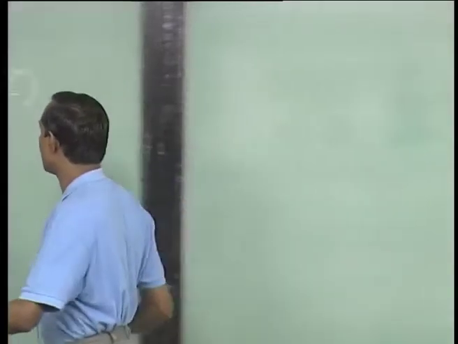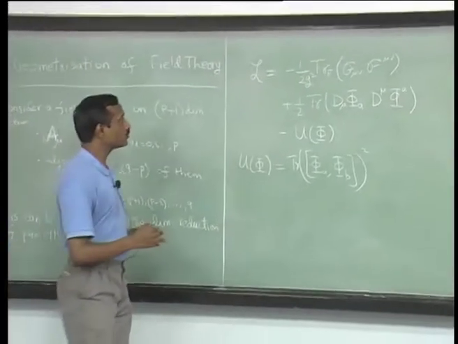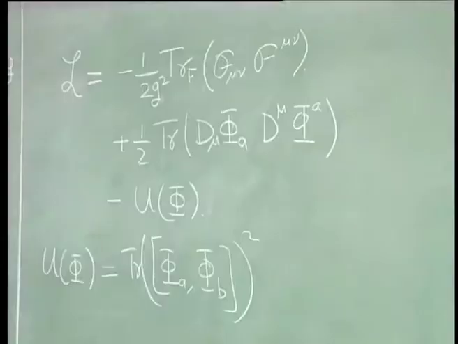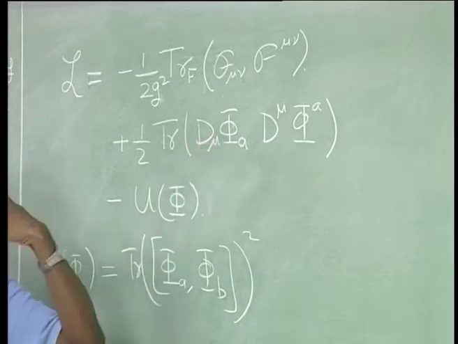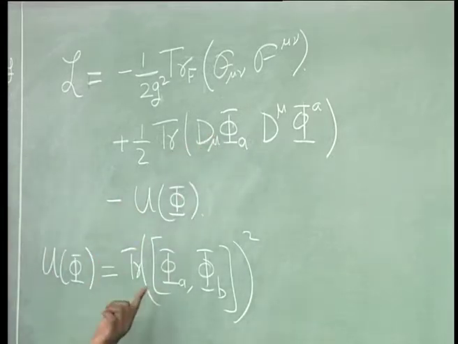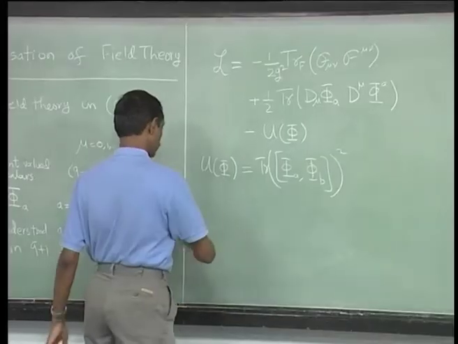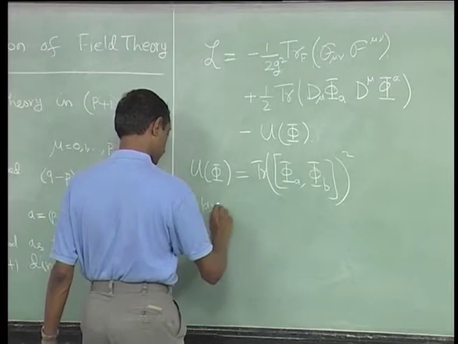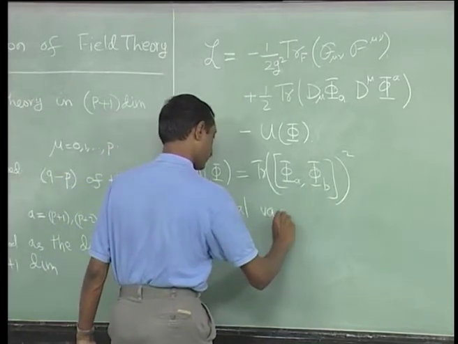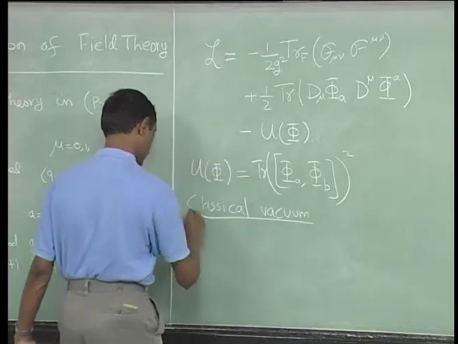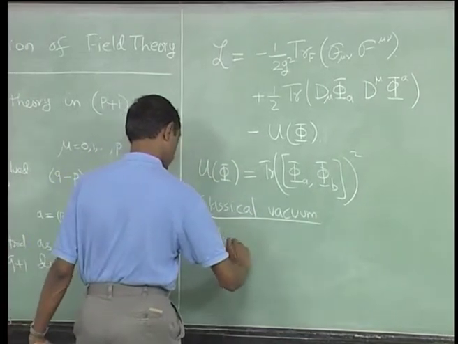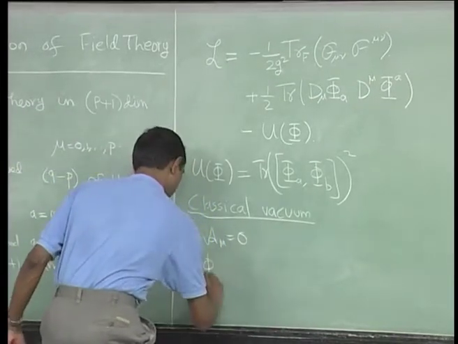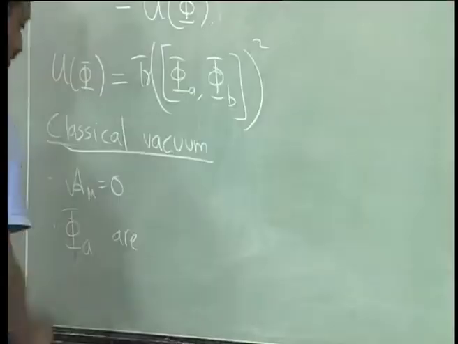Okay. So now let us go ahead and try to analyze the ground states of this theory. So we could look at a situation where all the gauge fields are 0, like we did even in the other case, and the fields are also time independent. So these just become matrices. Okay. So to analyze the vacuum, we will just say A mu is 0 and phi a are constant matrices.